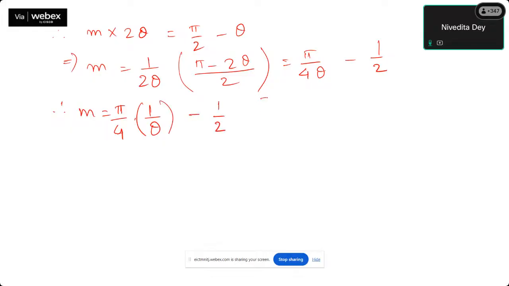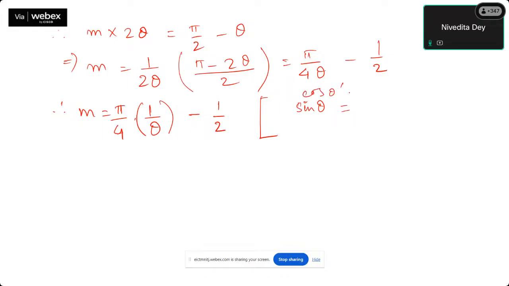Now we know that sine theta and the cos theta equation, if you remember, it was cos theta bar. Let me write it.